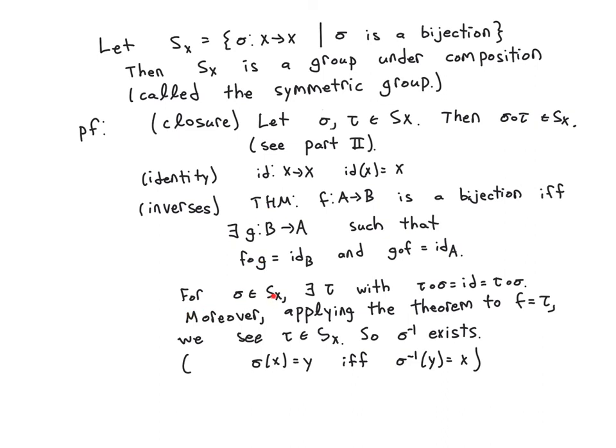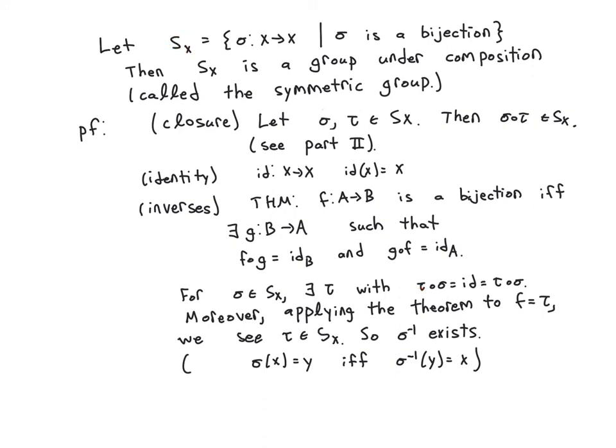So let sigma be any bijection. Then by this theorem, there exists a tau that satisfies these two properties. So it looks like tau plays the role of sigma inverse. In order to state that for sure, we have to point out that tau is a bijection as well, so that we know that tau is actually in this set.